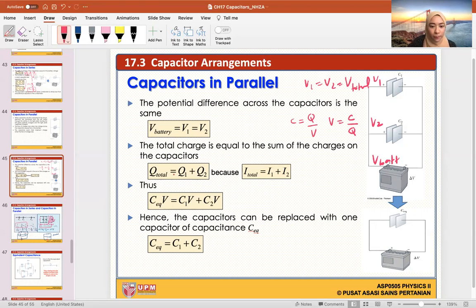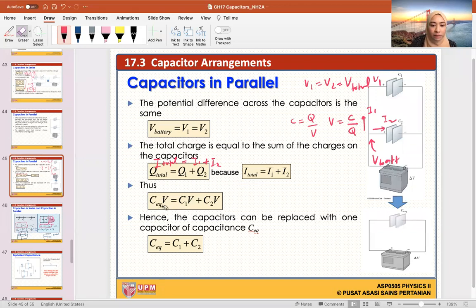Q total equals Q1 plus Q2 because I total equals I1 plus I2. We talked about this, right? I have I total and it splits into I1 and I2. If you still remember, I total equals I1 plus I2, which means Q total equals Q1 plus Q2.